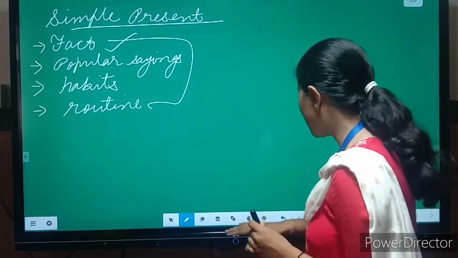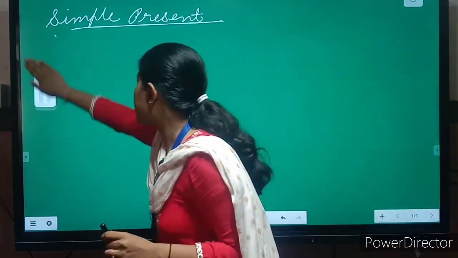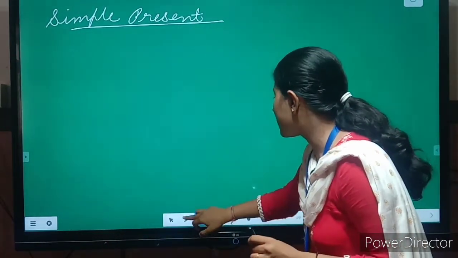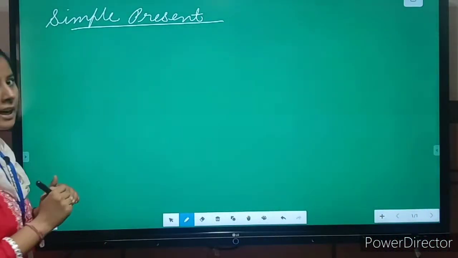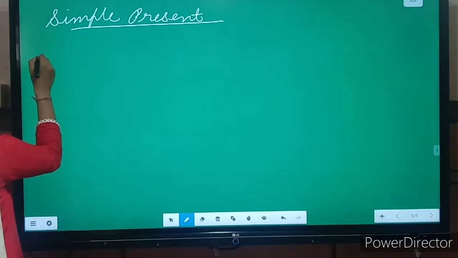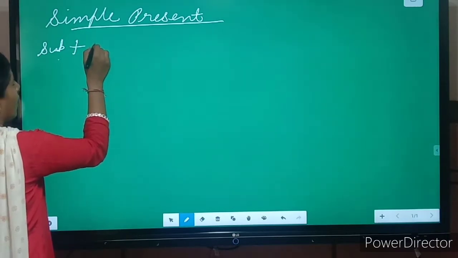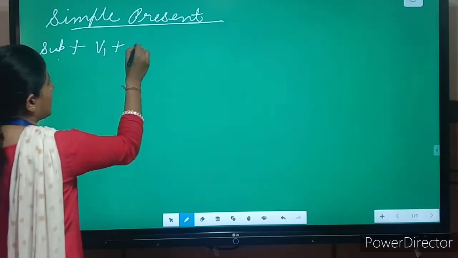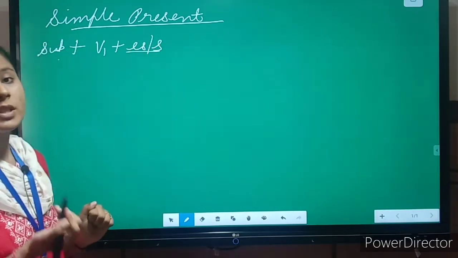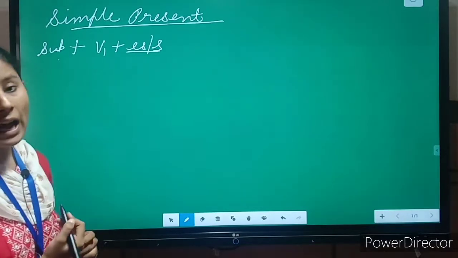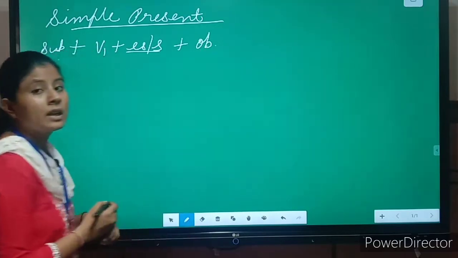Clear? Now the next is the structure of present simple tense, how to form present simple tense. If you are going to form present simple tense, you need a subject and then a verb plus es or s. In case the subject is singular, you will add es or s with the verb, and then you will use an object. Clear?